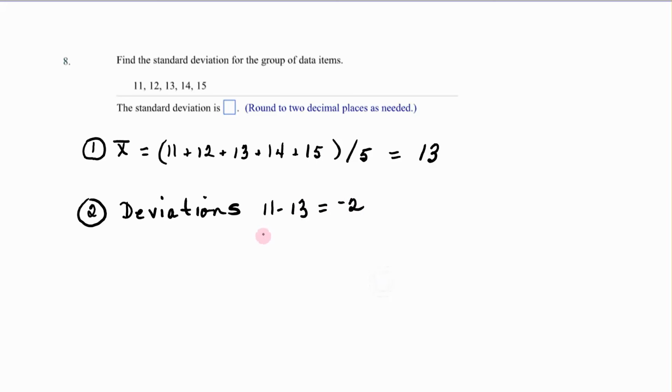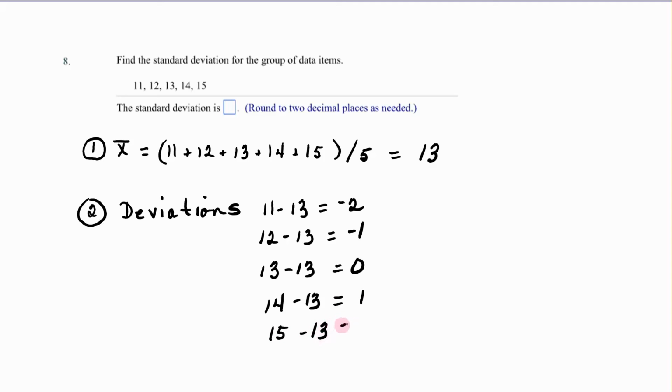I have 12 minus 13 is negative 1. I have 13 minus 13, which is 0. I have 14 minus 13. I'm subtracting the mean from each one of these, which is 1. And I have 15 minus 13, which is 2.